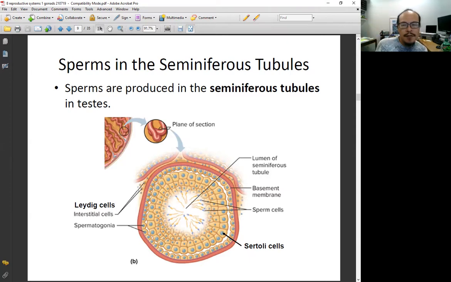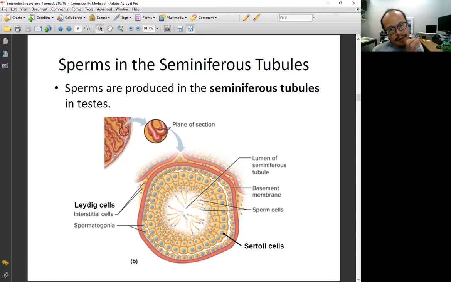Sperm comes from the spermatogonia. This is the sperm stem cell. This stem cell will reproduce itself, as well as reproduce the sperm cells.